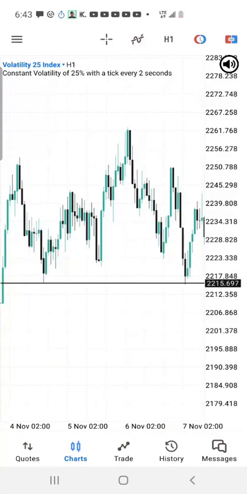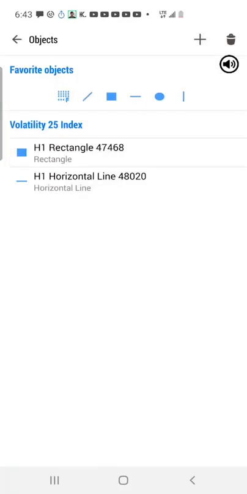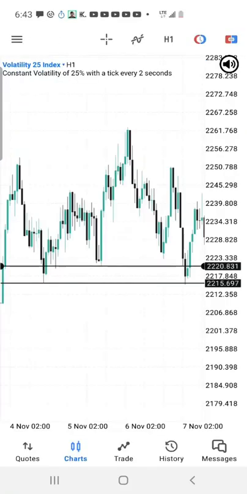So just ensure that the low created before the second shoulder is not longer than the previous lows. It should be inside, be shorter. As you can see, if I draw a line there, you see that it's shorter. Ensure that.